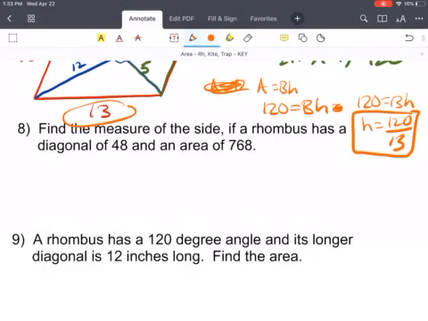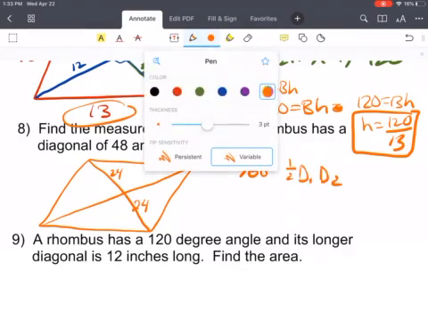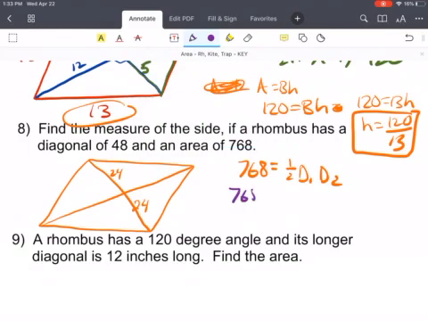Find the measure of the side if a rhombus has a diagonal of 48. So I would need to find the other diagonal. So 768 is half of diagonal 1, diagonal 2. Plug in my 48 for the one diagonal, and I can solve for the other diagonal.